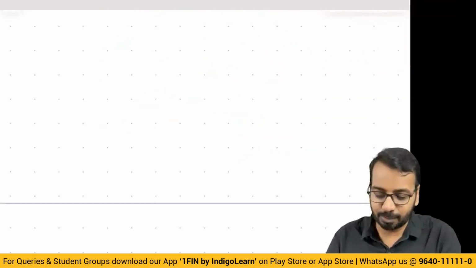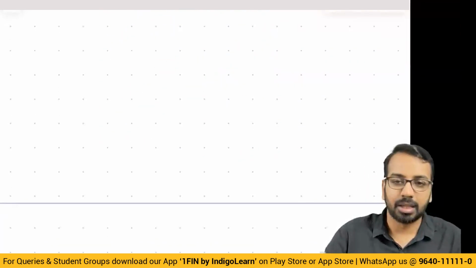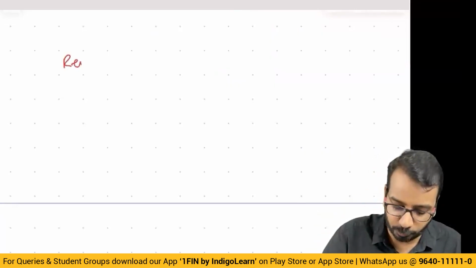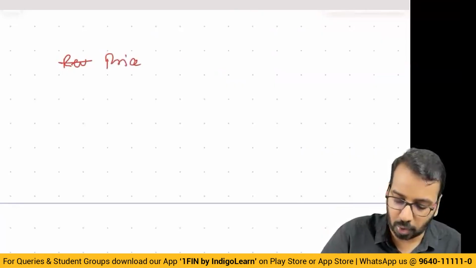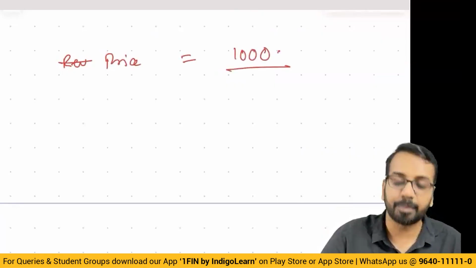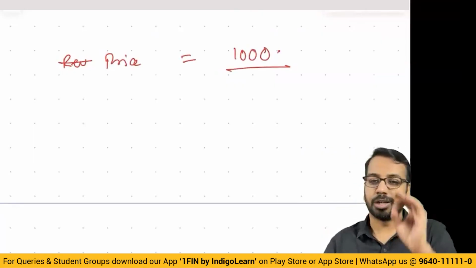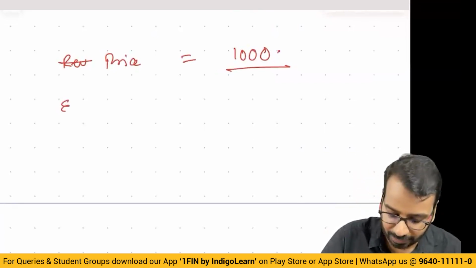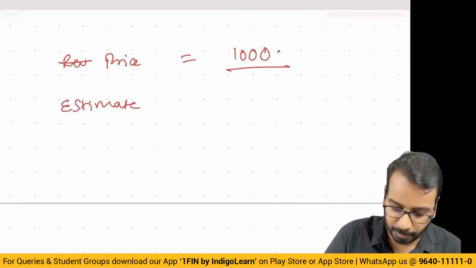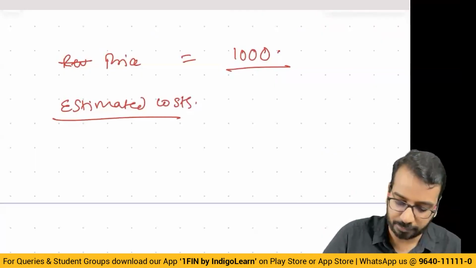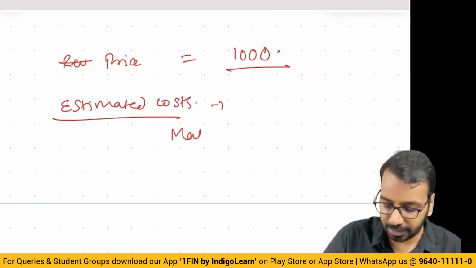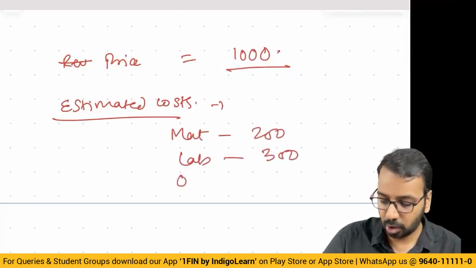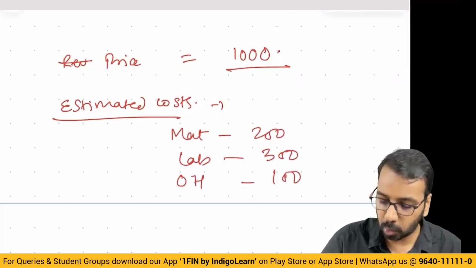It basically means, say for example, somebody came to me, they gave me a contract, and I have quoted a revenue, or I have quoted a price of, let us say, 1,000. Okay, I have quoted a price of 1,000 to you for constructing a particular item. Now, for this 1,000, I have estimated that my estimated costs are, let us say, material 200, labor some 300, overheads some 100.